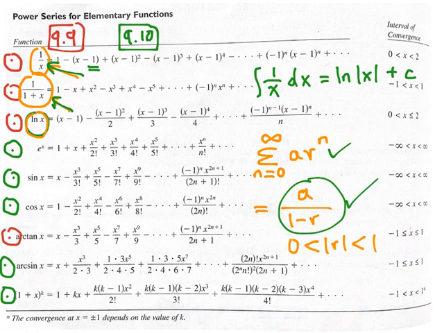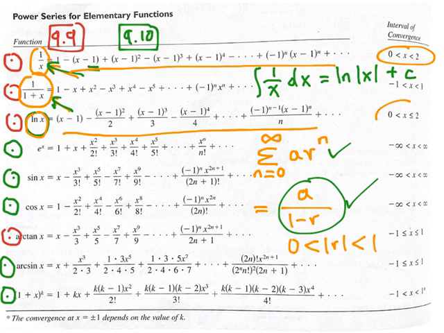And in section 9.9, we took our power series for 1 over x centered at 1, and we integrated that to come up with our power series for the function natural log of x centered at 1. And if you look at the intervals of convergence, you can see that they have the same radius. However, the power series for natural log of x also converges at x is equal to 2.